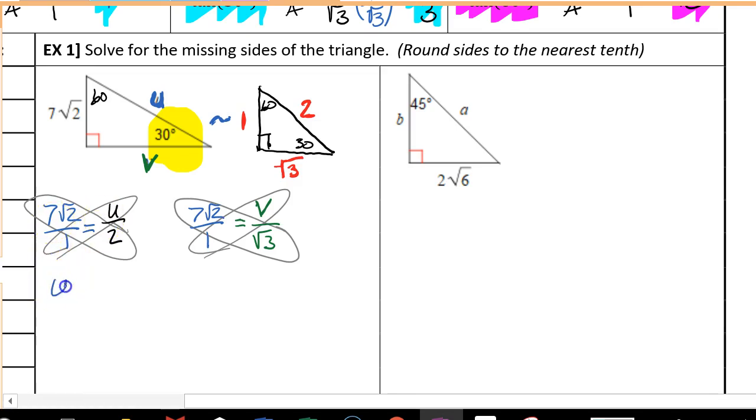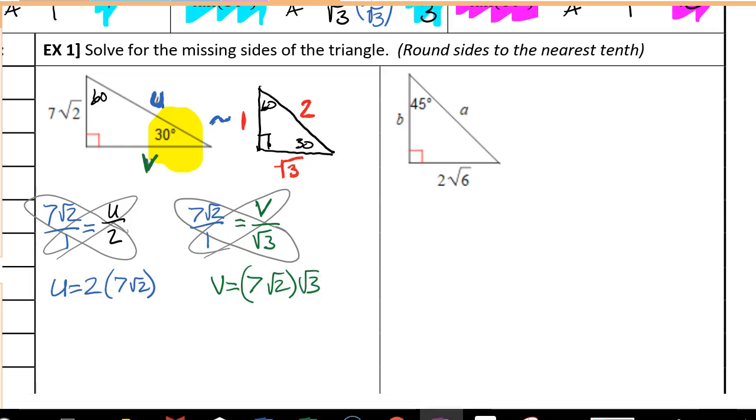I would have u is equal to 2 times 7 root 2. And for v, I would have v times 1 is v. So v is equal to 7 root 2 times square root of 3. Now, multiplying with radicals is very, very simple. If you remember that you can only multiply numbers that are outside the square root together, and you can only multiply numbers that are inside the square root together.